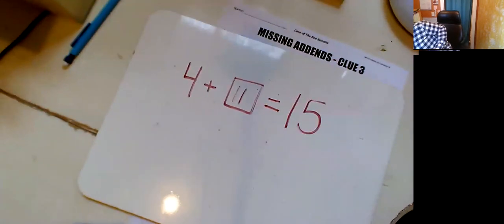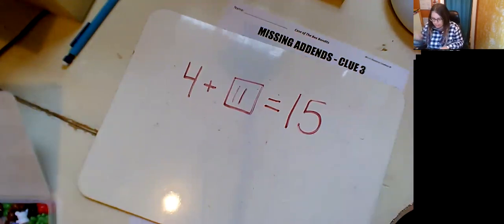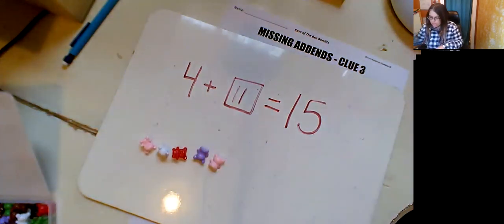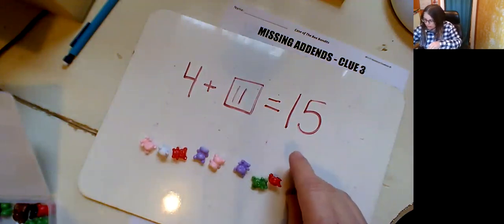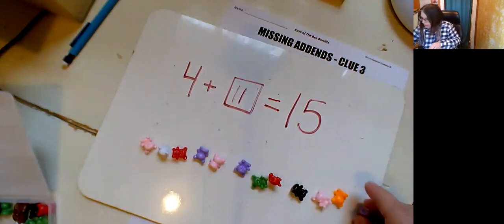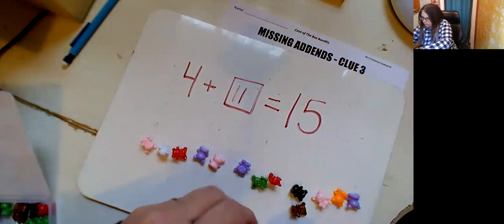You can also use some sort of counter. So I'll start with my bears. We know all together it's 15. So how many bears should I get out all together? 15, right? That's 5, 6, 7, 8, 9, 10, 11, 12, 13, 14, 15.